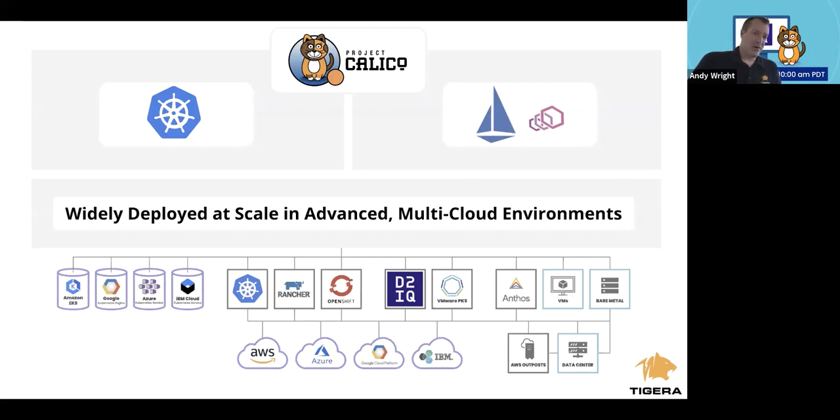So the punchline here is that it's not that we integrate with all these environments, it's that all of these companies and distributions have decided on their own to integrate and embed Calico into their platforms. And D2iQ, focusing on day two operations, provides not only Calico, but quite a bit of additional functionality, but we're going to focus on Calico today.